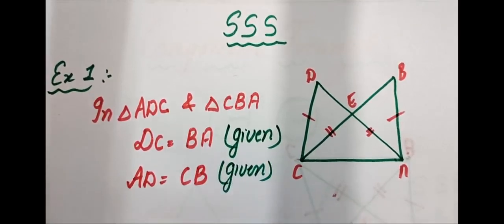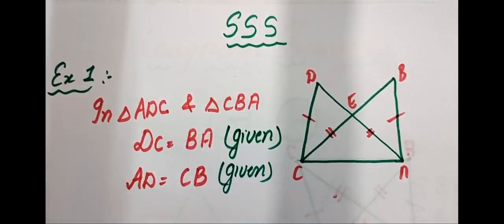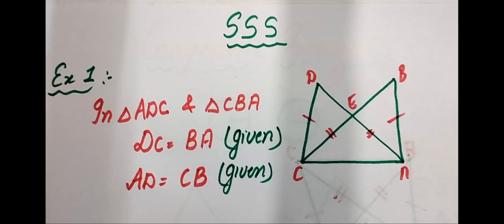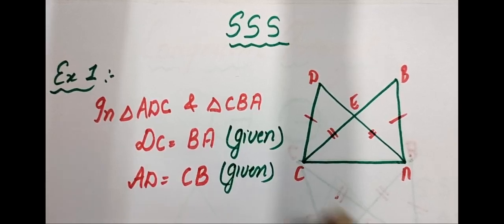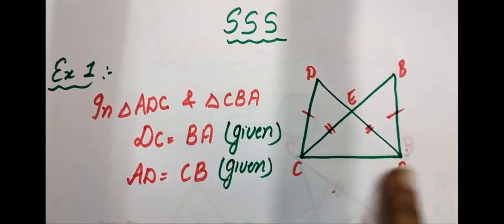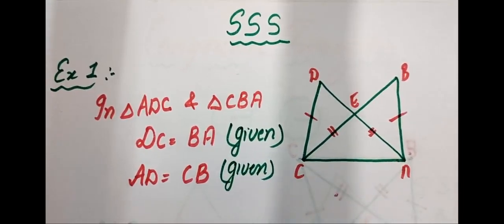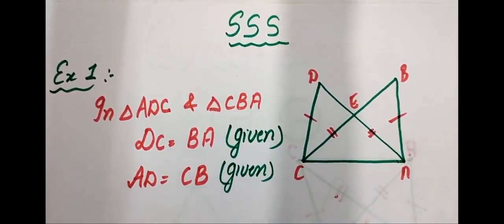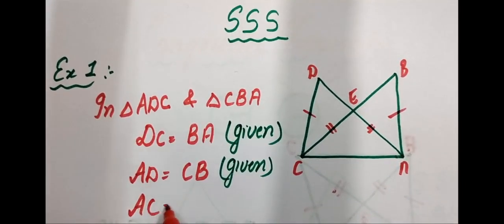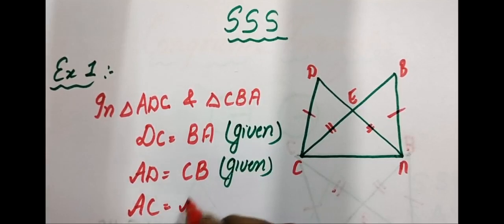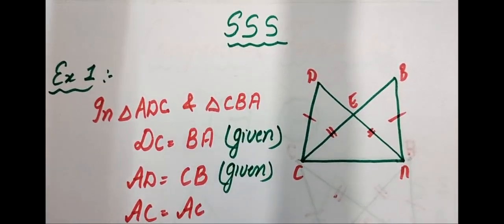Now we have to check the third condition, because according to congruency we have to show at least three corresponding parts are equal to the other triangle. Two are given and we have to check which is the third one. Here we can see AC is the side which is common in both the triangles. If the side is common, it must be equal. So here we'll write down AC is equal to AC, that is common.